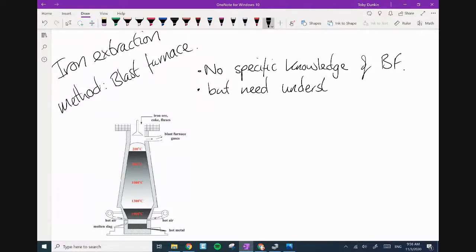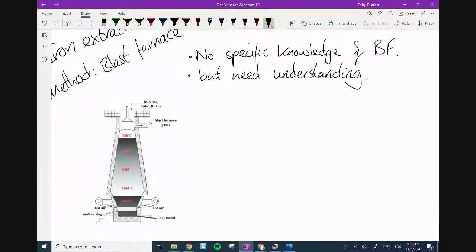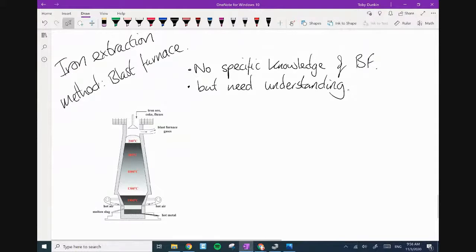The reason being is they're going to give you this, and they're going to give you bits of information from it, and you're expected to use your understanding of metal extraction to explain what's going on. But you do not need to know any like the temperatures or input and outputs. You just need to be able to use what they give you to explain it.